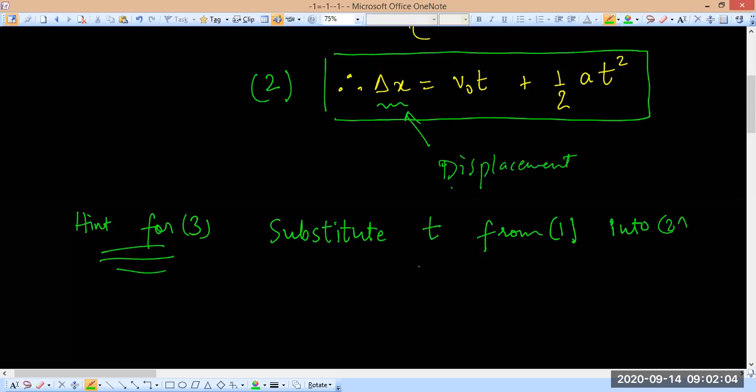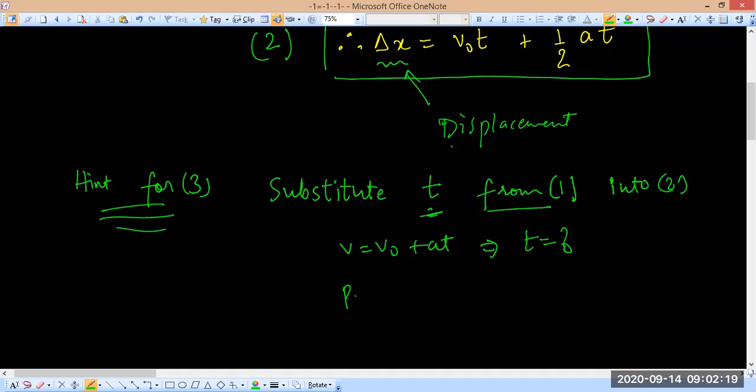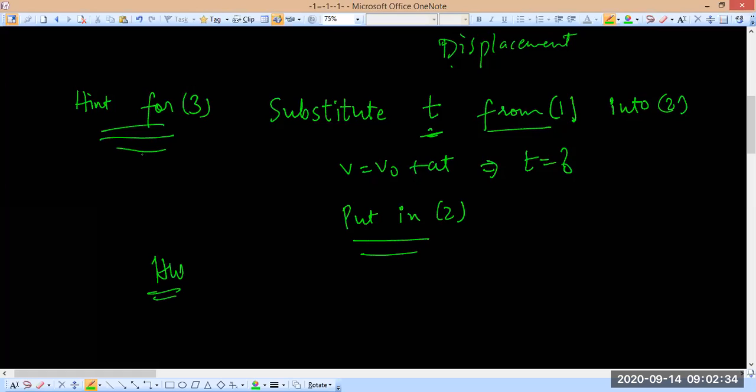So from equation 1 you find the value of t, and put that in the second, and then try to derive the third, see what you get. So that's your little homework. Try to derive the third on your own.